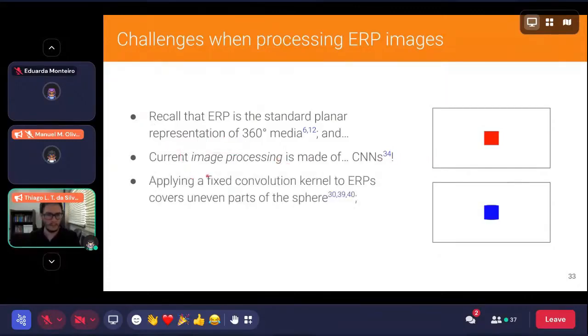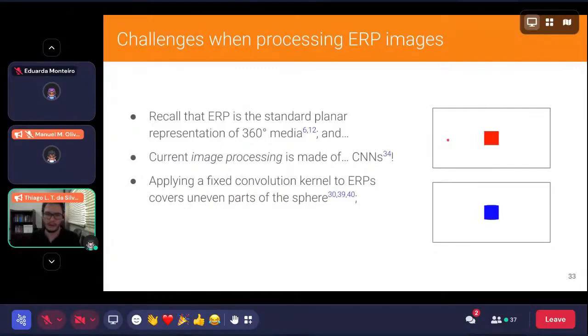So when we talk about CNNs, we need to remember that the CNN kernels are by default regular. They are like 3 by 3 or 5 by 5 or 7 by 7.